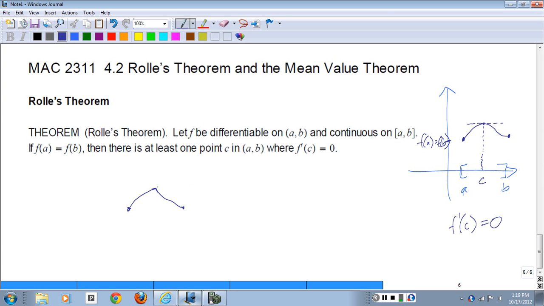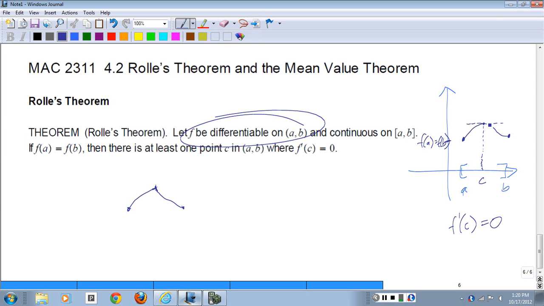The slope of the tangent line never actually equals 0 on there, but right there at that cusp or corner, whatever you want to call it, the function's not differentiable there. And we're assuming it's differentiable on this entire open interval. So that can't happen and satisfy the hypotheses of Rolle's theorem.